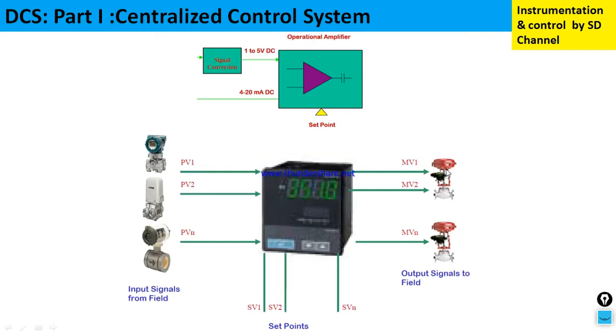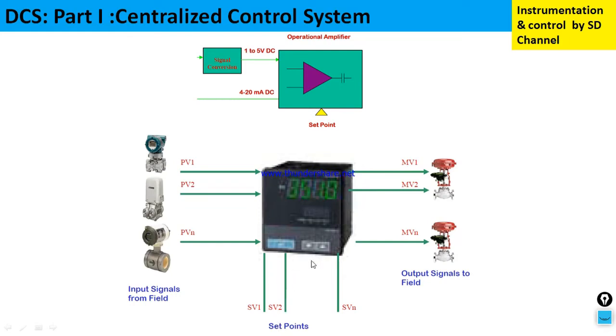So this is the centralized control system. Now you just think that multiple controllers are combined together, which can take n number of inputs. These are the inputs, n number of process variables: PV1, PV2, PV3, PV4, PVN like that, and it can also take n number of set values.